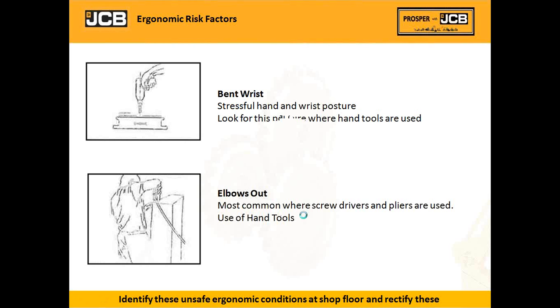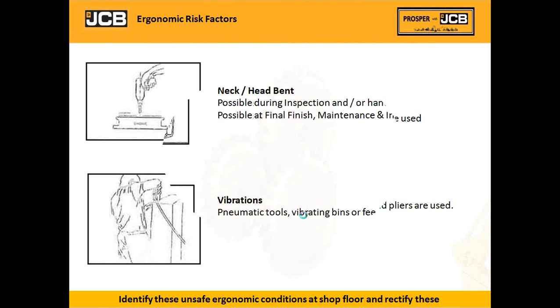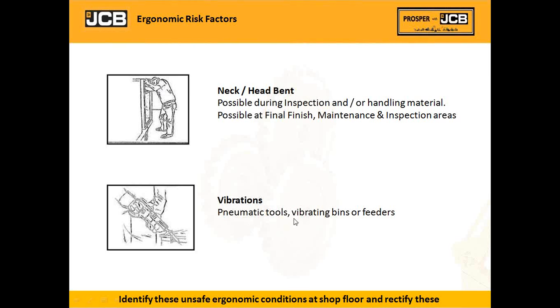Neck is bent during the inspection process. Again, this is a stressful posture. It is an ergonomic risk factor. Again, the vibrations are risk factors. This is an ideal office chair.